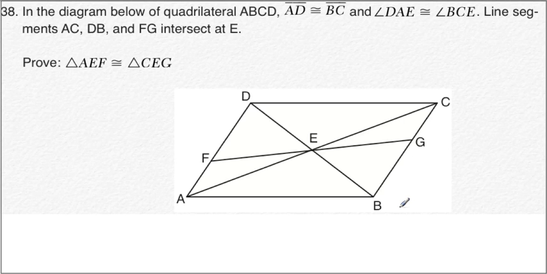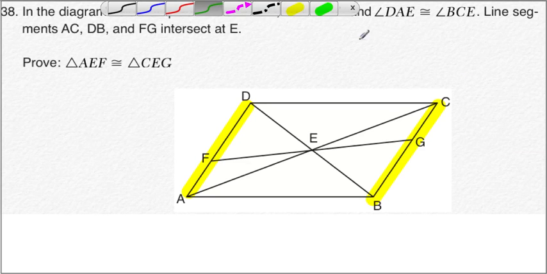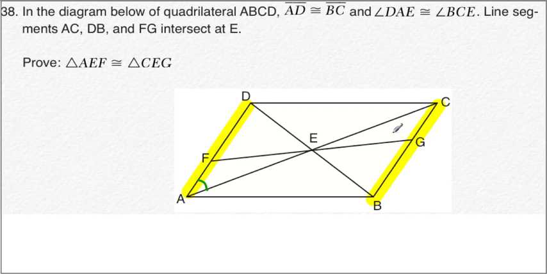Alright, let's look at number 38. AD is congruent to BC, that's given. So that's the first setup. Now, the second one is, the angle DAE, this angle is congruent to angle BCE, which is this portion of the angle.